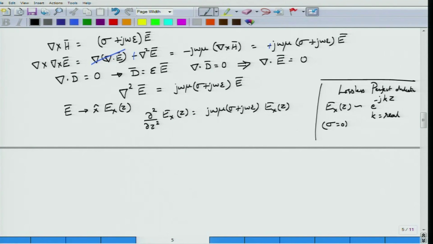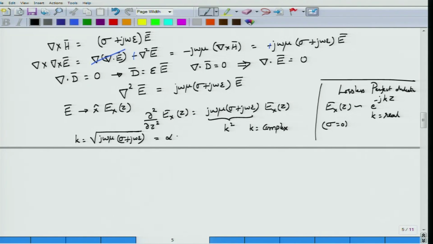However, now sigma is certainly not 0, and this quantity can still be written as some k square, except now that k must become complex, because k square is equal to j omega mu into sigma plus j omega epsilon. So k will be equal to square root of j omega mu sigma plus j omega epsilon, and this is obviously going to be a complex number.